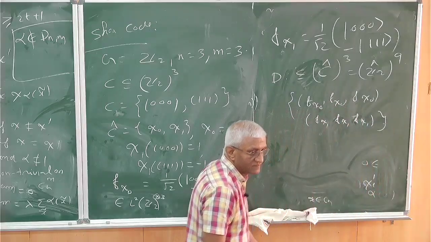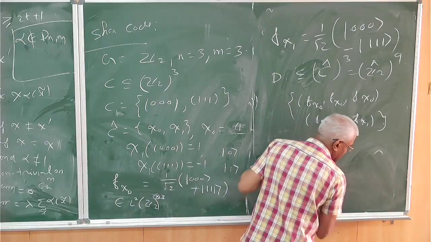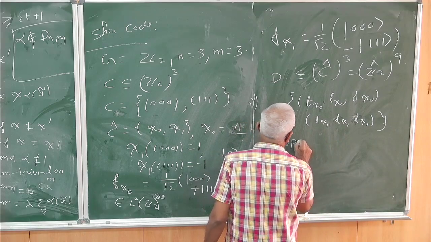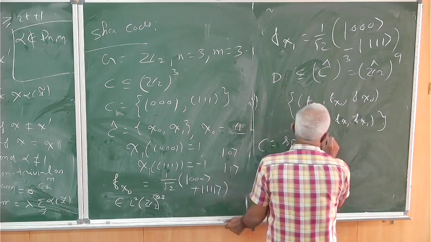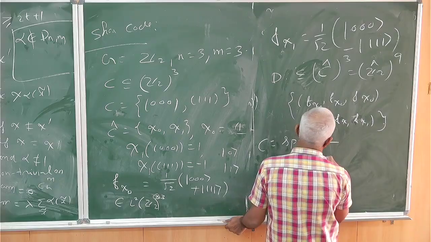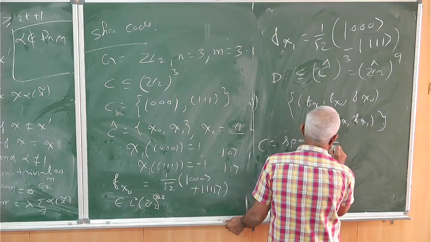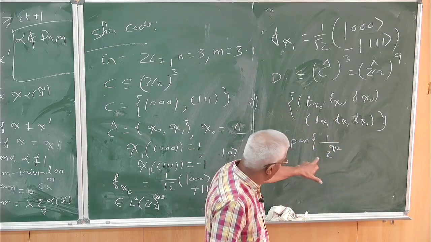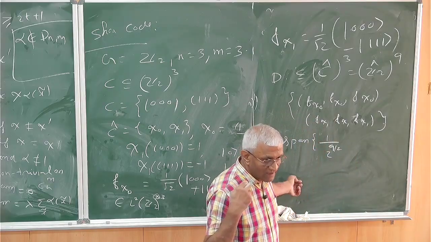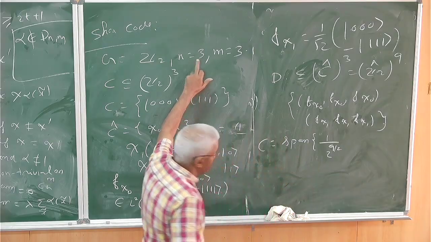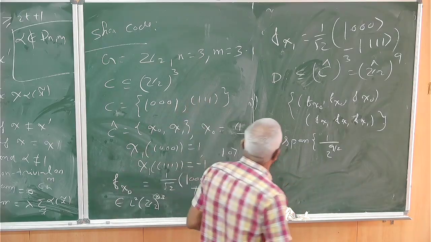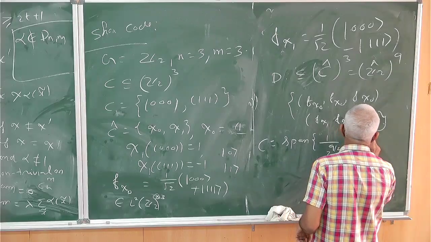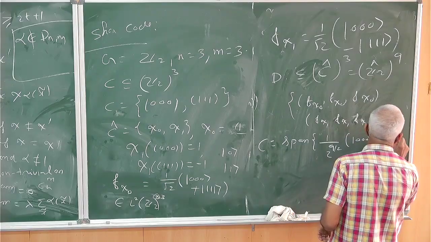So the code will be the span of two elements, 1 by 2 to the power 9 by 2. This is 9 by 2, not A, because this is a 9-dimensional space. L2 of NM is 3 into 3, 9-dimensional, times (0,0,0) plus (1,1,1).